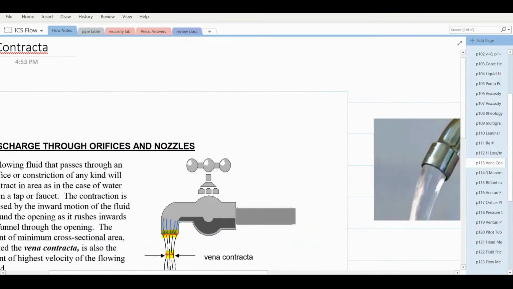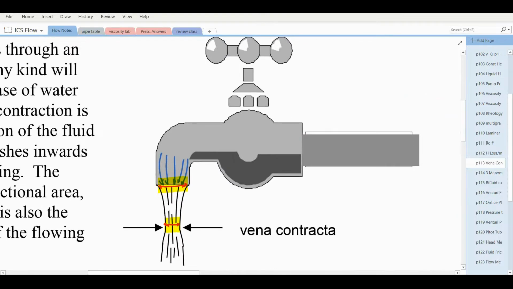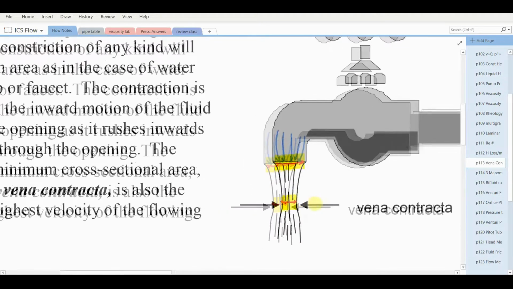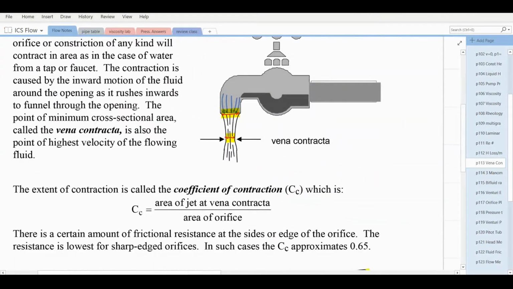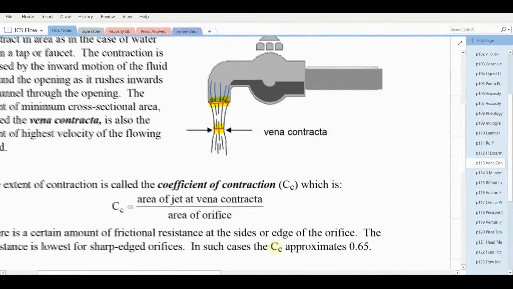What's going on here? Well, when liquid rushes through a small orifice, a small opening, it has to channel to the middle, and that motion continues beyond the exit of the orifice point. We have some calculations based on this.